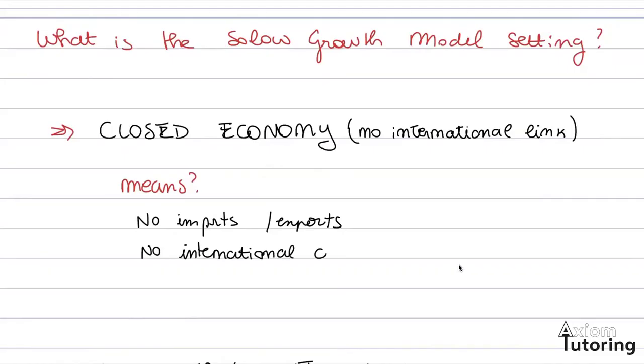So it's basically an economy that is self-subsistent, and it does not rely on any external source of revenue aside from what it produces within itself.